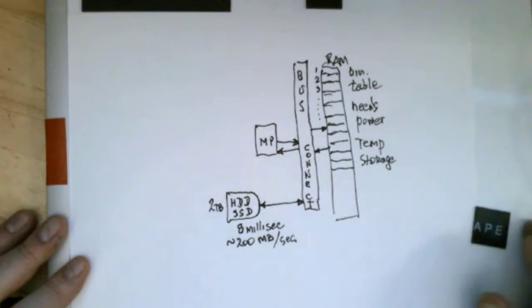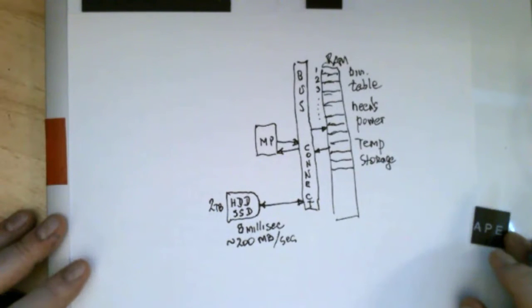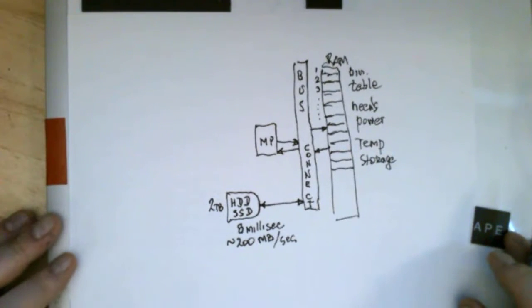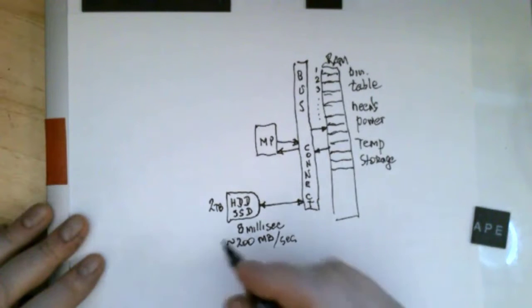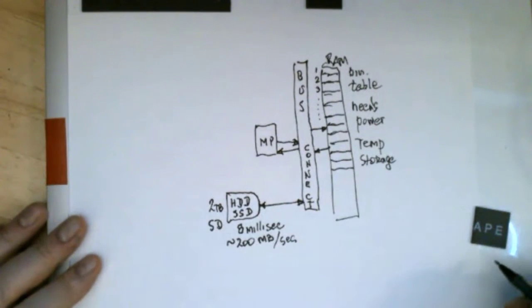Memory works much faster. Okay, a hard drive is indispensable for any computer. In your telephone, it is actually represented by an SD card. So it could be SD or micro SD.